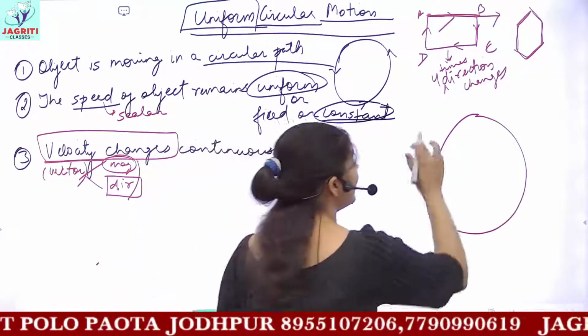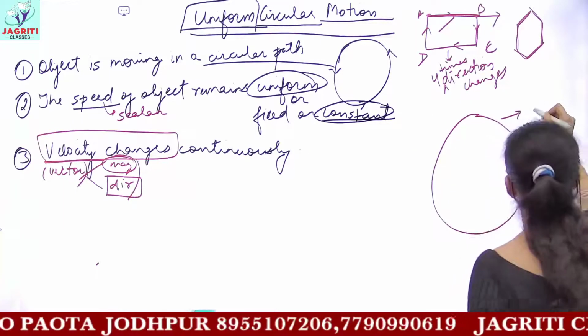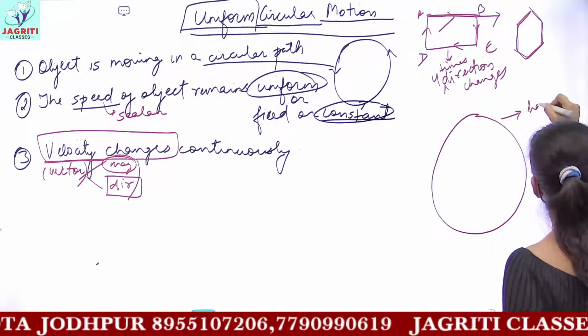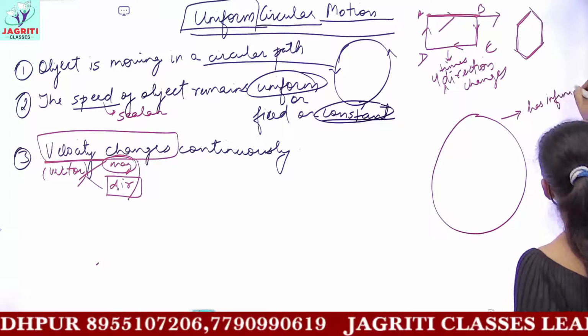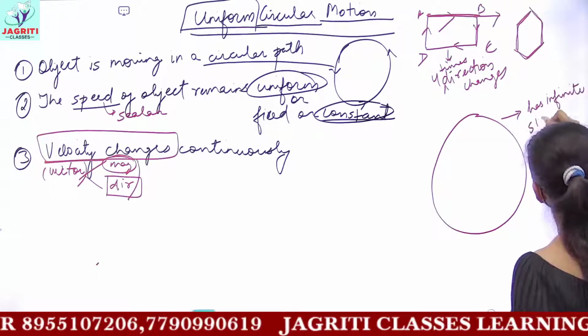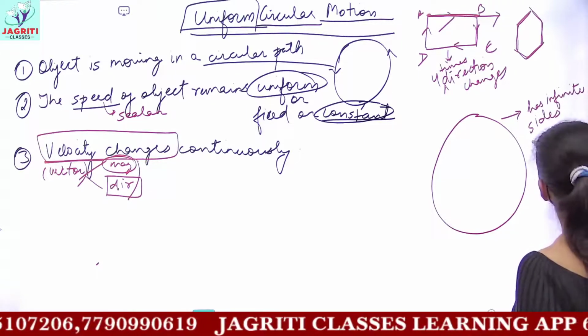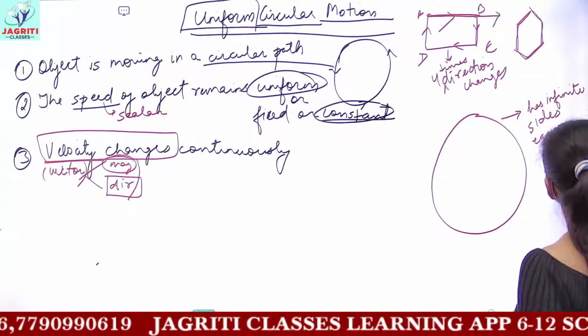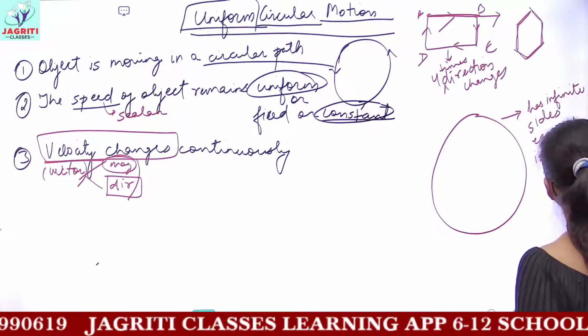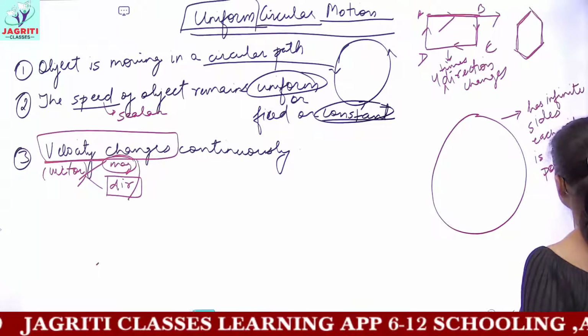That is, a circle has infinite sides, and each side is point sized.